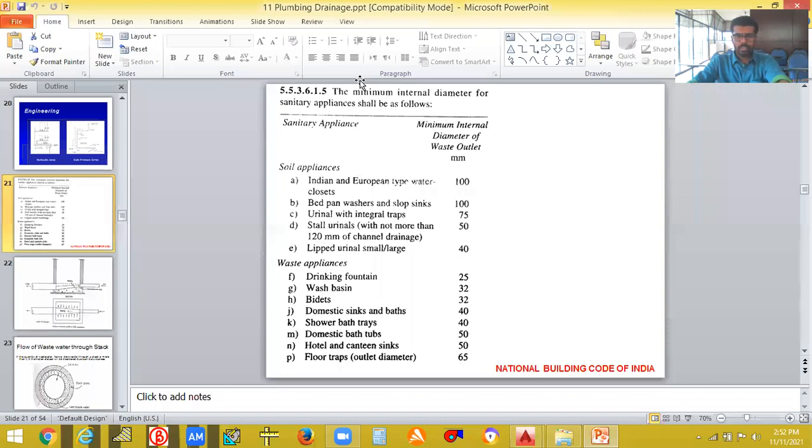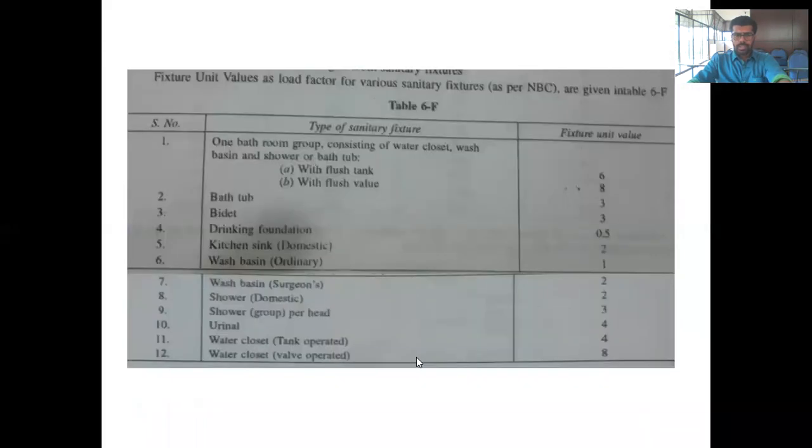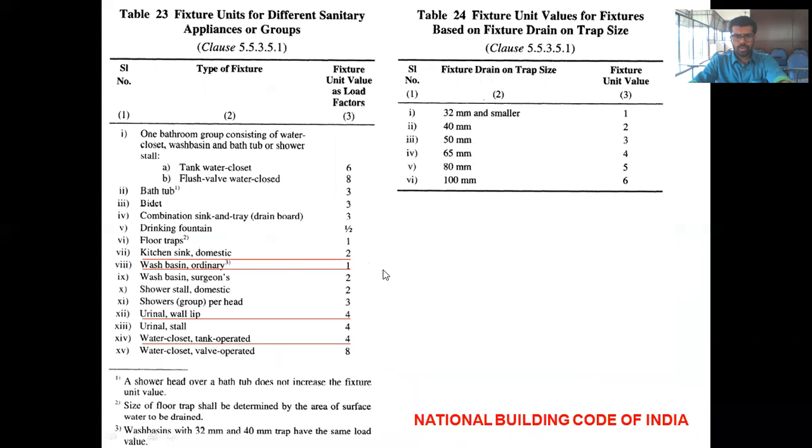So we will show you all these different tables. From here itself I will show you. This was the question. Table 23 is about the fixture unit. Table 24 gives the fixture unit values for fixtures based upon the fixture drain or trap size.